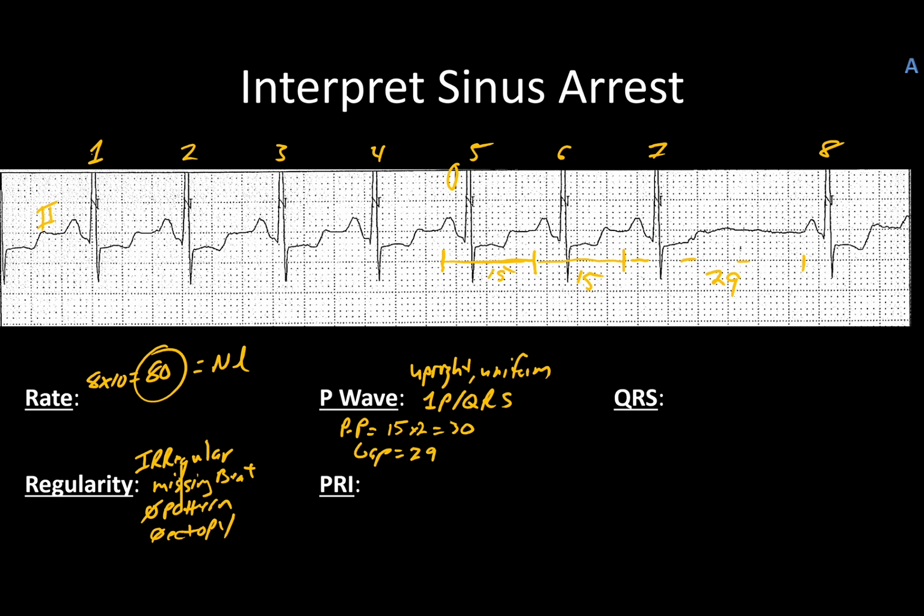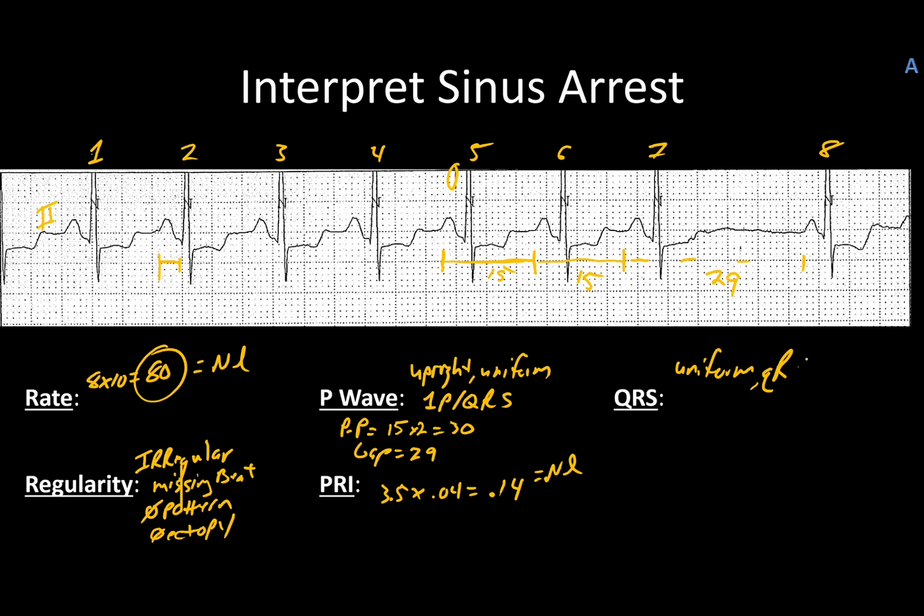The PRI measurements, we can go ahead and get those real quick. We'll just use this one because it starts and ends nice and evenly. That one's probably right about 3.5. 1, 2, 3. 0.14, and that's normal. And our QRSs are uniform. We have a very small Q wave.